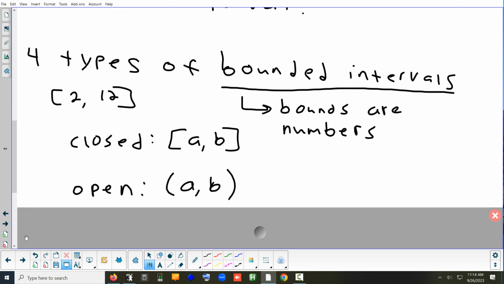Now comparing that to an interval like this, which I know kind of looks like a coordinate, but you only can know from the context of the problem. That's an interval. And what does it mean when you put parentheses on the 2 and the 12? Yeah, the 2 and the 12 are not included among the numbers that can be used.